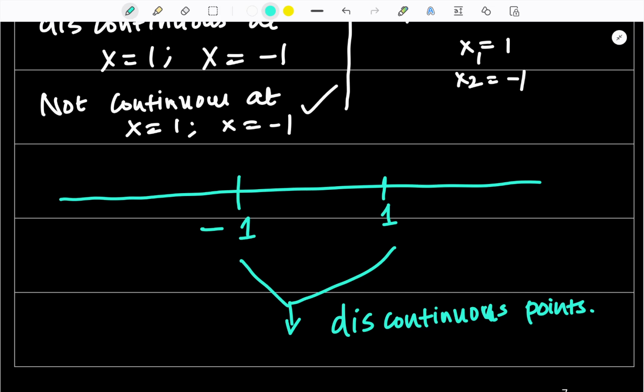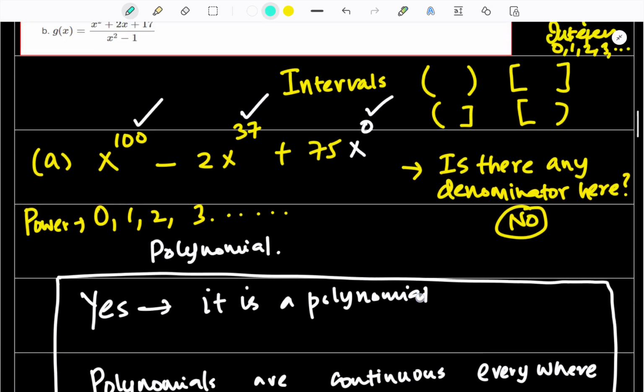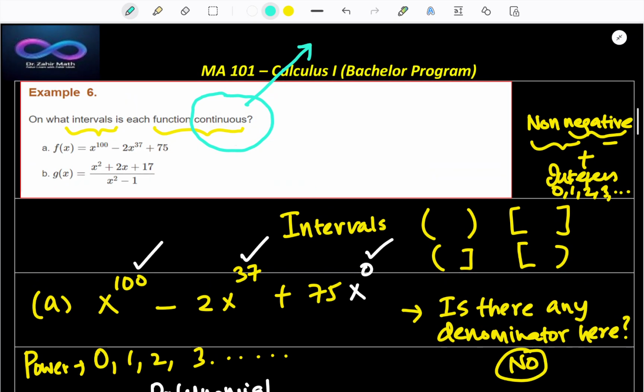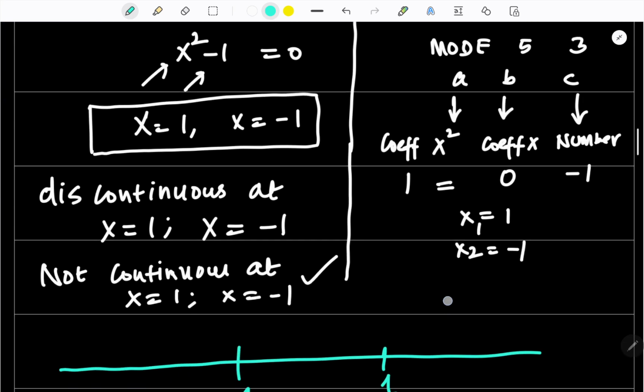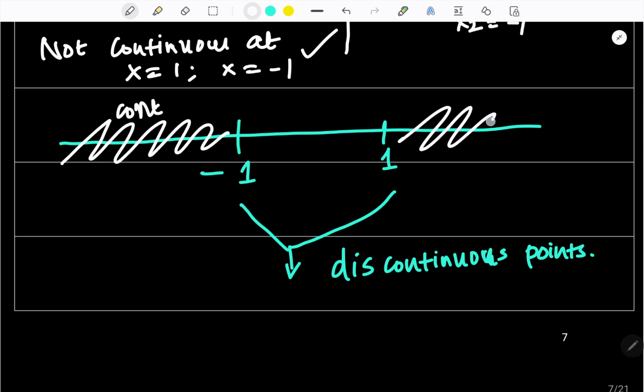But what is the question now? The question now is check where it is continuous. The previous question is discontinuous. This question is continuous. So what is your answer? I hope you are all engineers, you can say. So all these places the function is continuous, correct? Continuous or not? Yes.